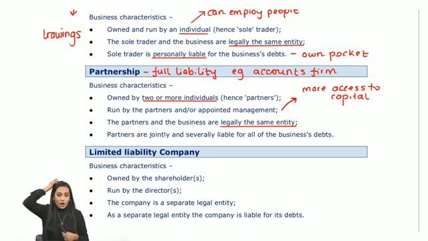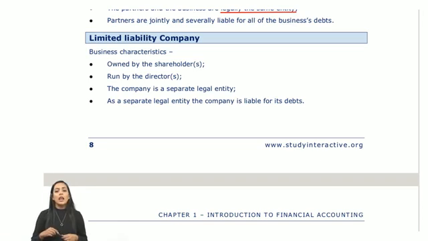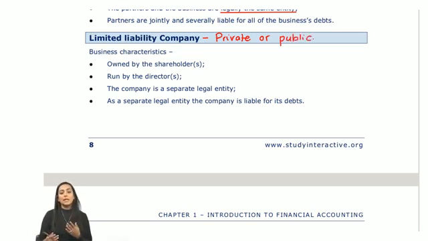And finally, we have the final type of business, which is the limited liability company. A limited liability company can be a private company, or it could be a public company. A public company is where the shares are traded on the market, but a private company is where the shares are not traded.